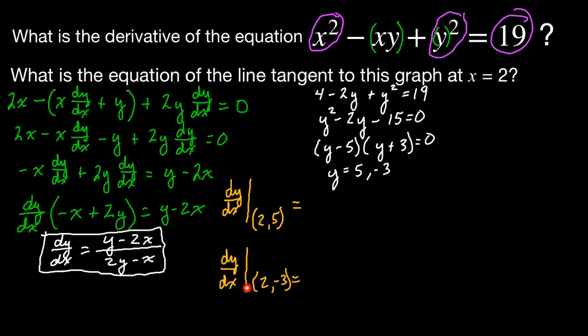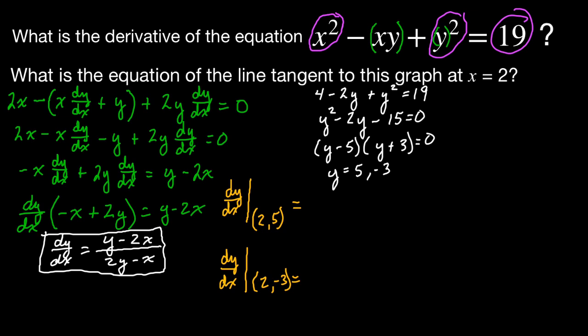So that's what this vertical bar means. It just means that we're evaluating this thing at these values. Okay, so all we're doing then is just taking this 2 as an x value, this 5 as a y value, and plugging them into our derivative right here.